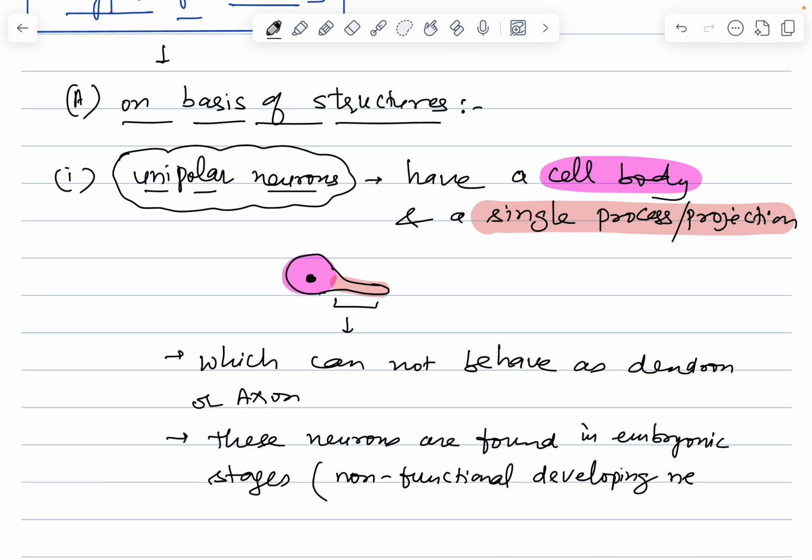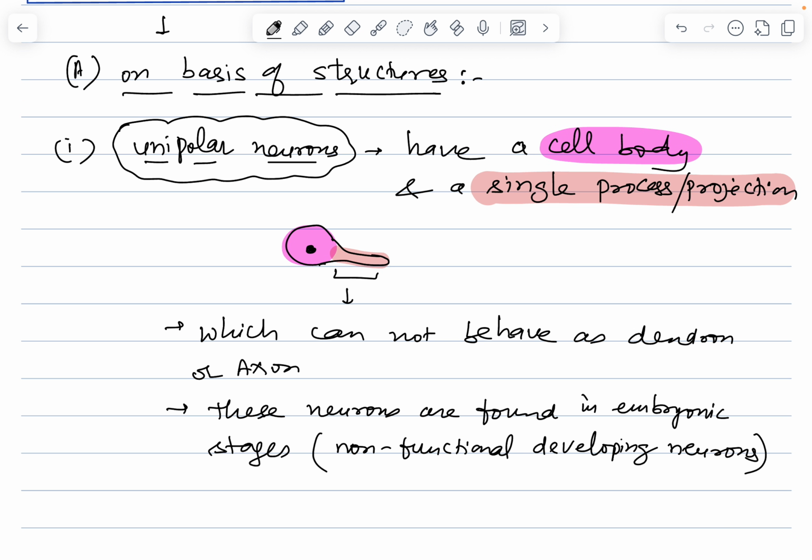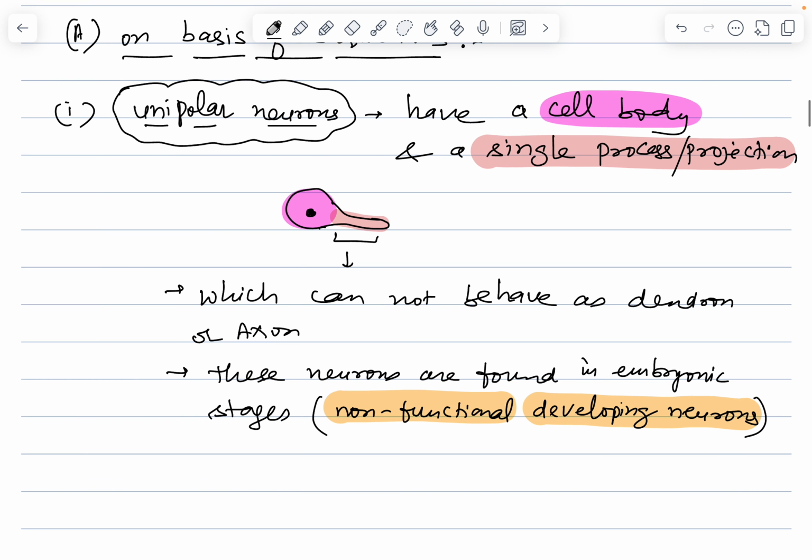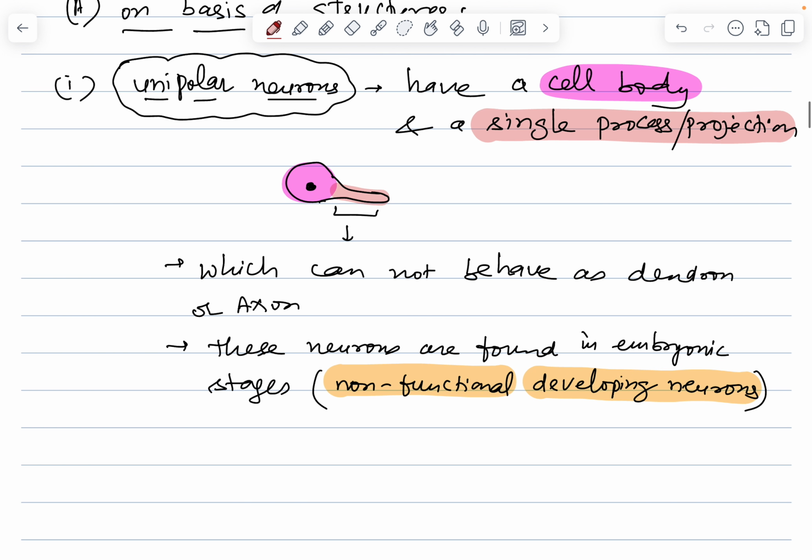In the embryonic stages, the first neurons that develop are unipolar neurons. They don't perform any function because they can't. They've got just a single process, and it's not that they will never perform any function. They are undergoing development. In future, they would basically become functional. Right now, however, they are unipolar and they are non-functional in the embryonic stages. So that's one type of neurons, unipolar.